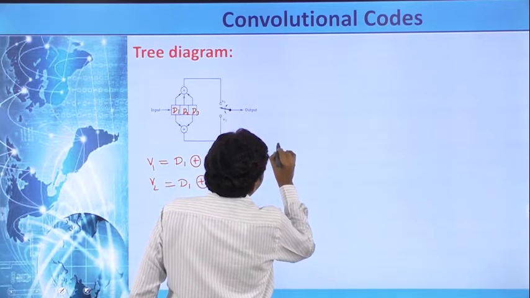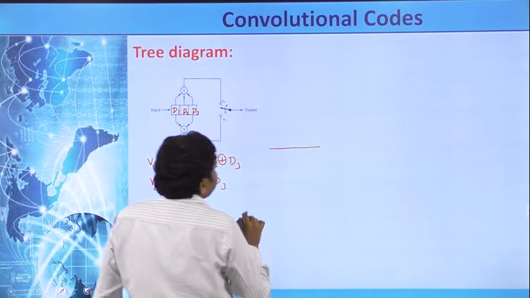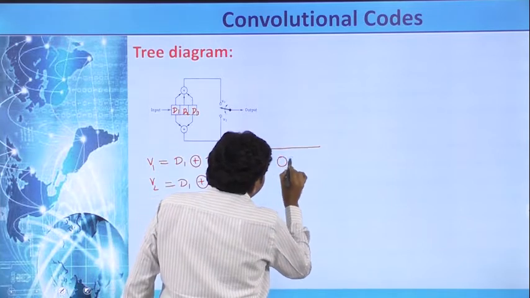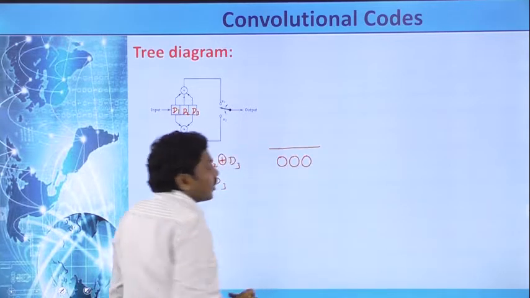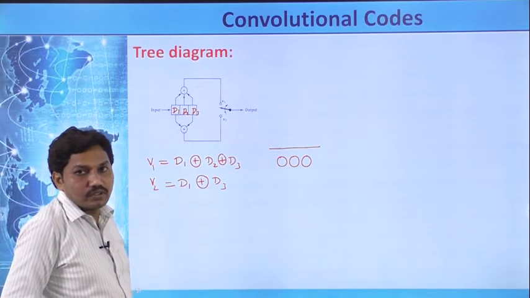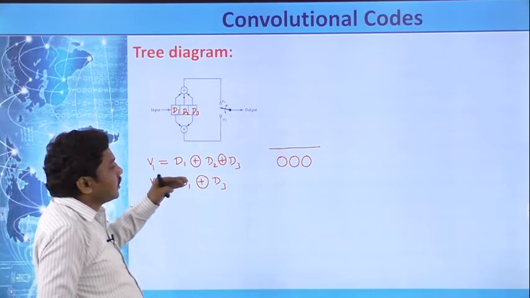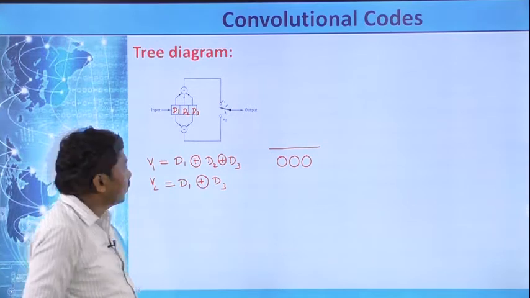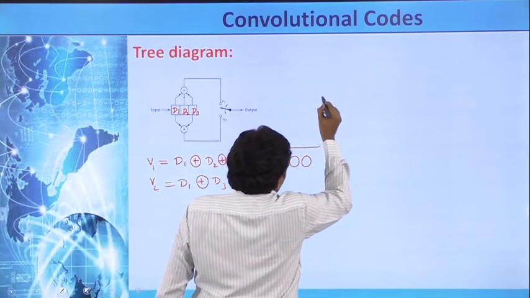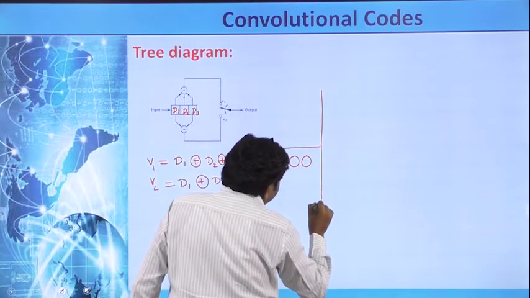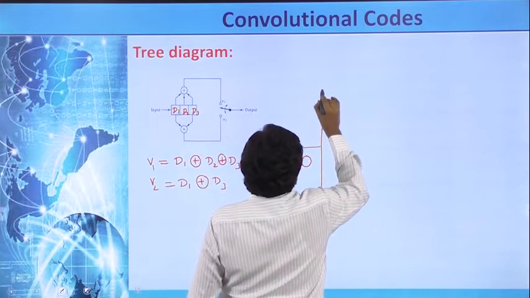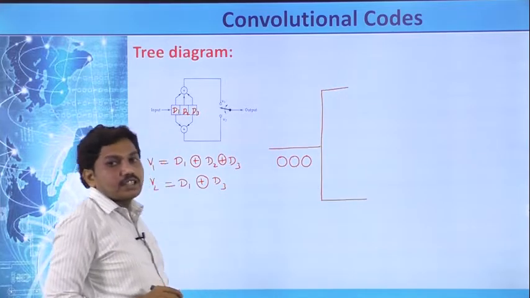So I am starting here. You can assume the initial bits in the shift register are all zeros. The bits in the shift register are all zeros. A node has two branches.